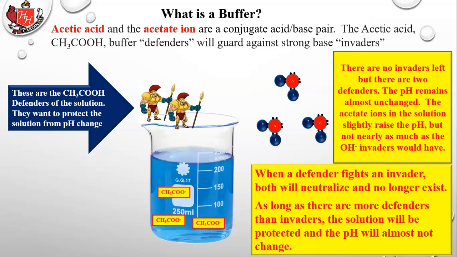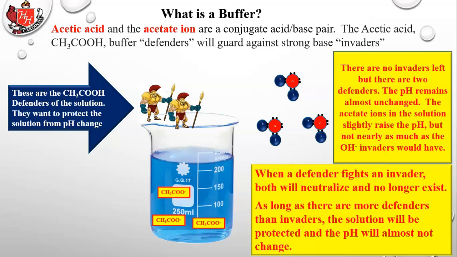So let's just say that of those 10,000 acetate ions, only one of them is going to do what a weak base does, and that is draw a proton away from a water molecule and turn that water molecule into a hydroxide. So, in other words, instead of having 10,000 hydroxides going into the solution, you only have one, the one that was created by the weak base.